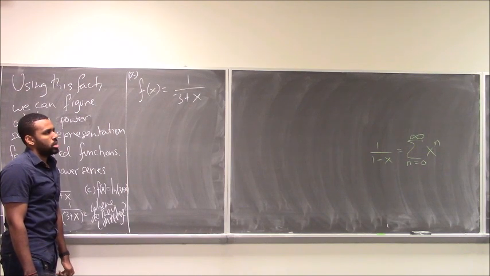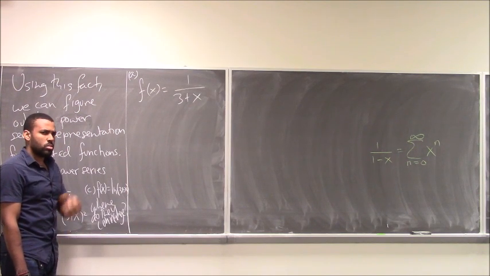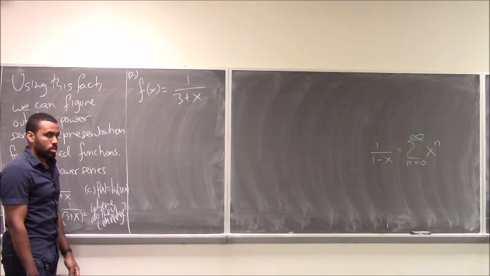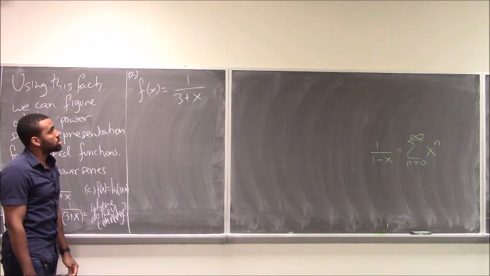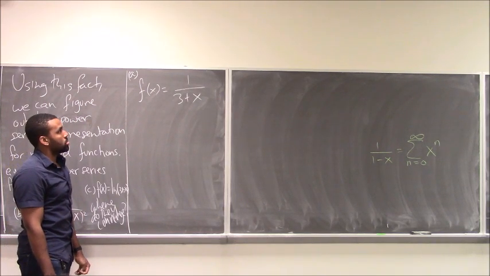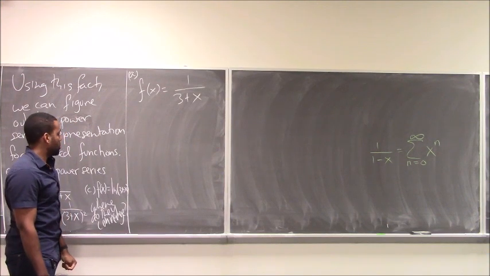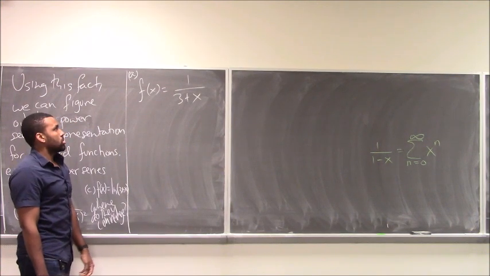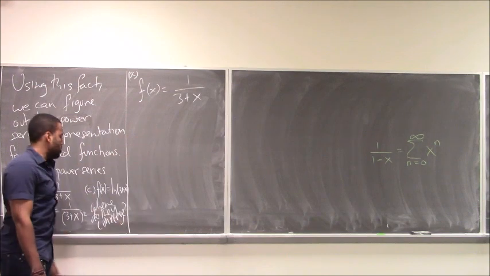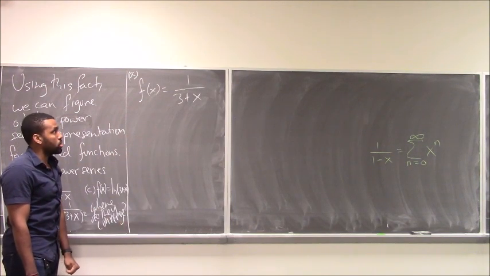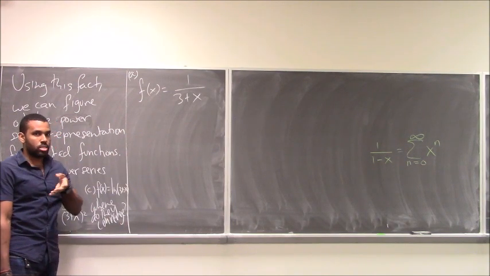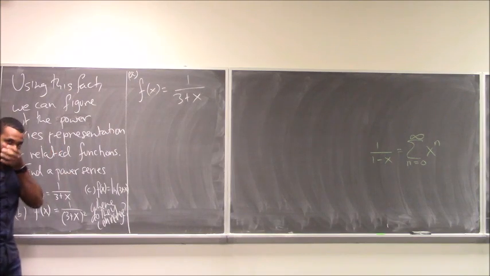How would I do that though, legally? Just instead of x, so it would be f of negative x minus 2. Okay. Equals 1 over 3 plus negative x minus 2. So that'll help me find the power series for negative x minus 2 though. F of negative x minus 2. How do I get to the power series for f of x if I did that?